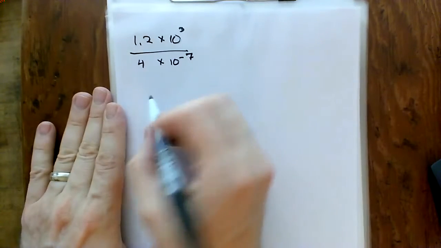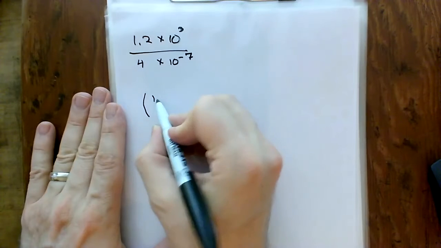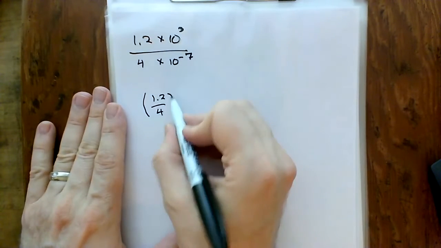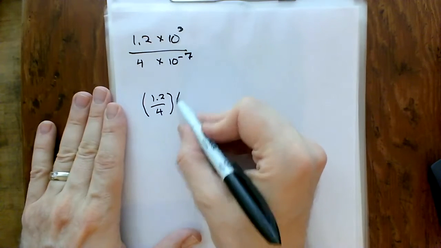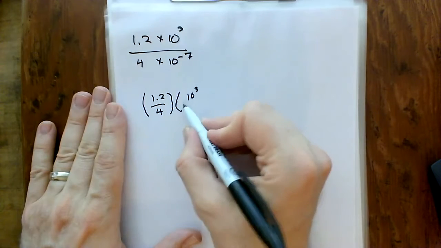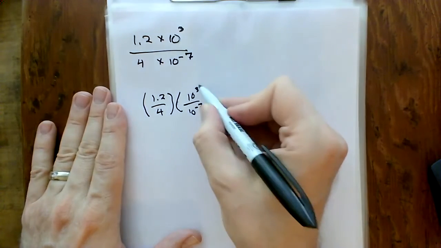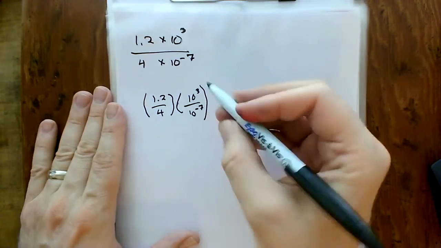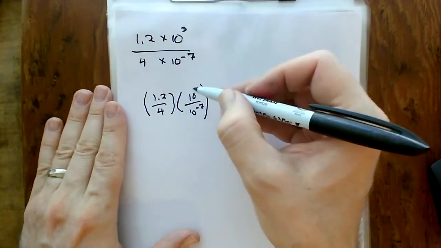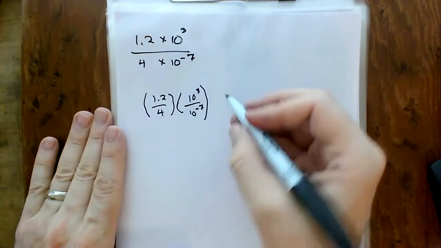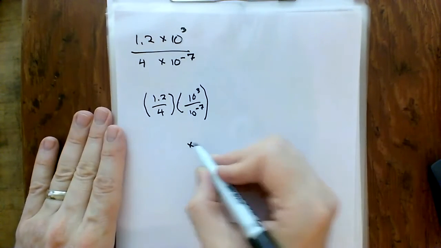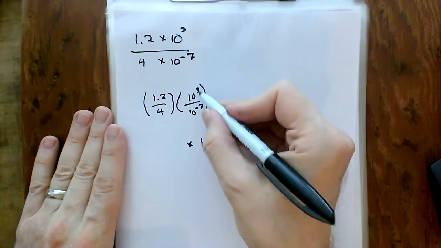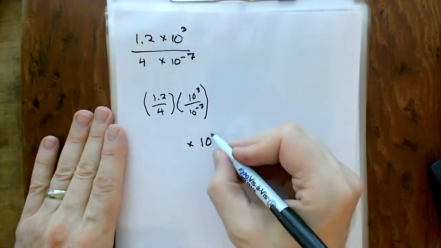So what's happening here is I'm doing 1.2 over 4, times our 10 to the third over 10 to the negative 7th. Now here, we're only using our quotient rule for the positives. So on my power of 10, this is going to be 10 to the 3 minus the negative 7, which is 10 to the 10th.